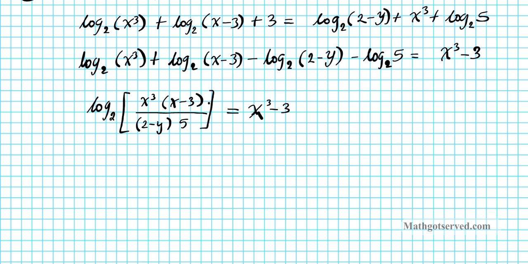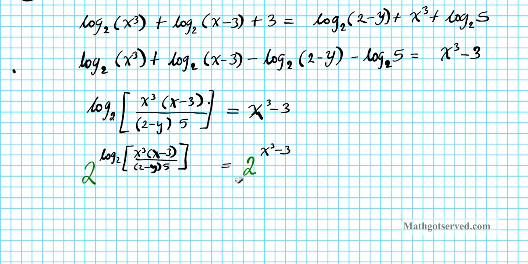So we'll have a big 2 on the left, and then a big 2 on the right. And then we're going to have a little log base 2 of x to the third times x minus 3 over 2 minus y times 5 on the left side equals 2 to the x to the third minus 3.